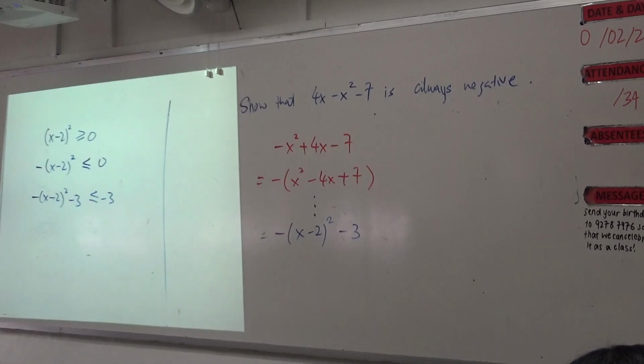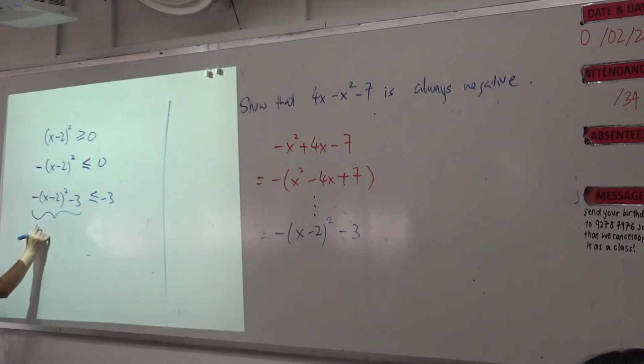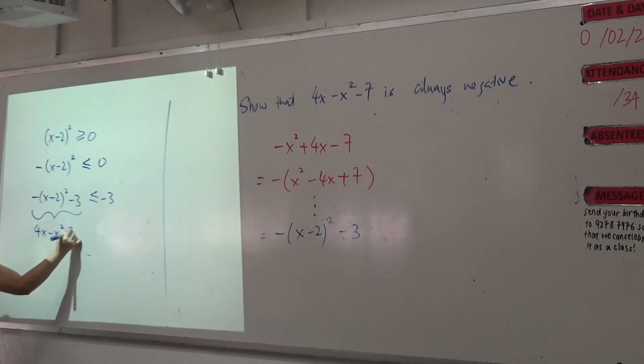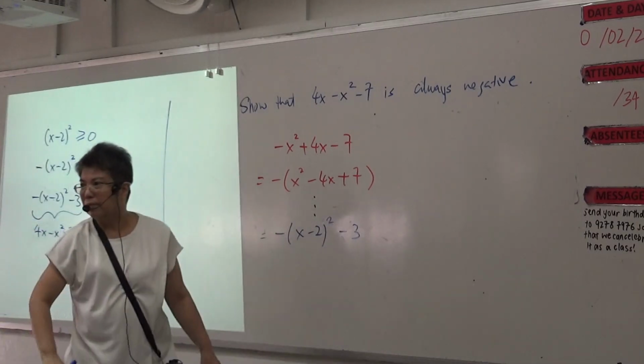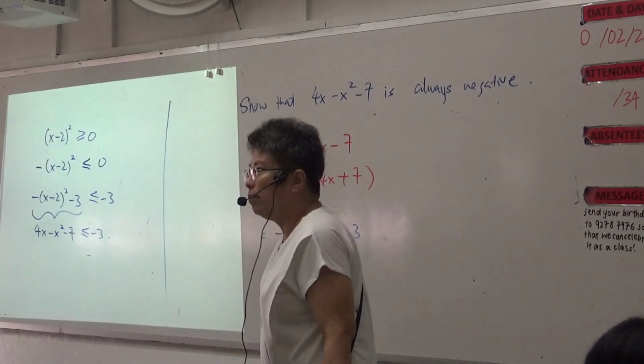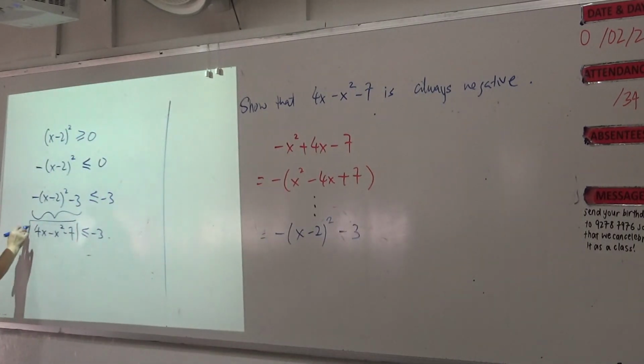Correct? Now, do you agree that this one is the same as the original one? This is less than or equal to negative 3. Correct? Now, all of you look up. Do you agree that this, less than or equal to negative 3, must always be smaller than negative 3?